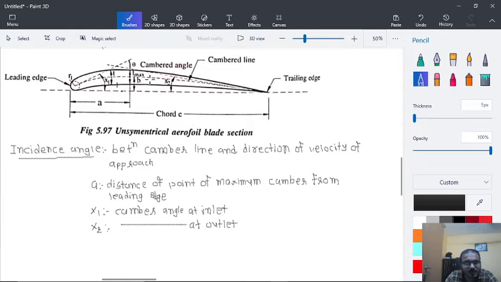So when we combine these two angles, then we get total angle. So we can say theta is equal to camber angle, which is equal to x1 plus x2.